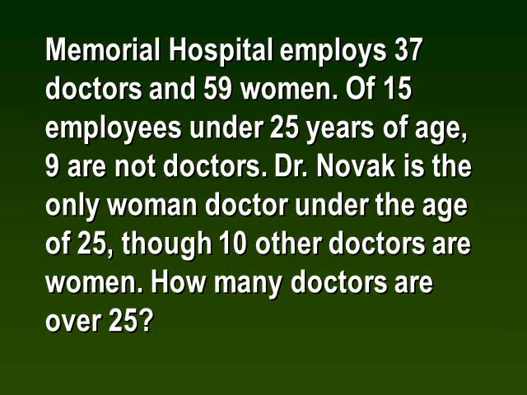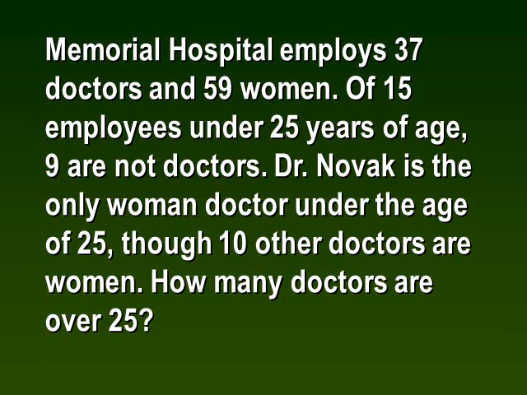Memorial Hospital employs 37 doctors, 59 women, and of the 15 employees under 25 years of age, 9 are not doctors. Dr. Novak is the only woman doctor under the age of 25, and though 10 other doctors are women, how many doctors are over 25?